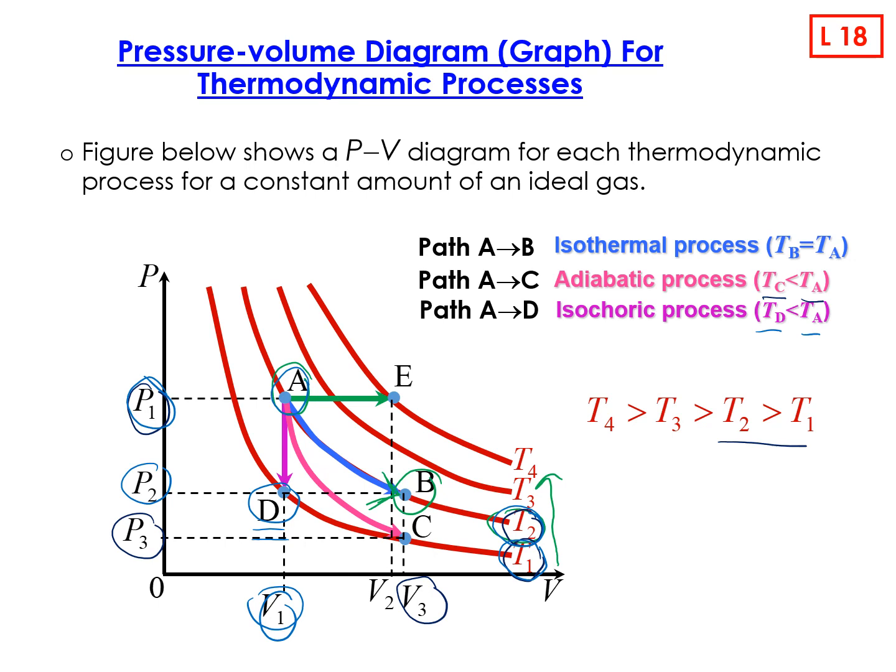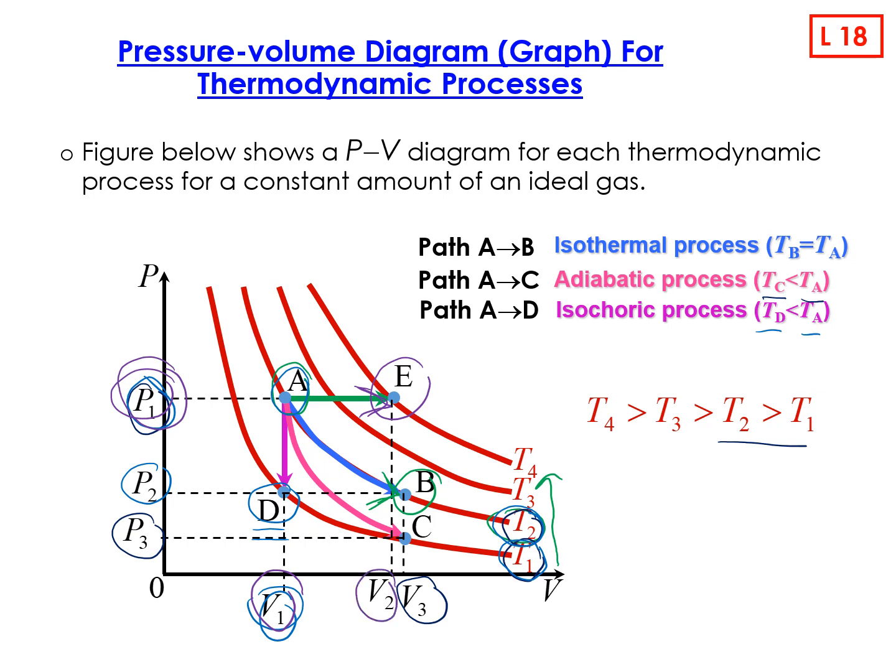So we continue with the last process. From this arrow here, we can see that the process is from A to E, because the arrow points from A to E. A is at P1 and V1, and point E is also at P1, but V2.